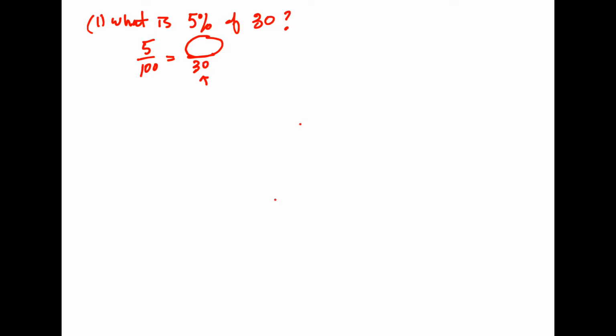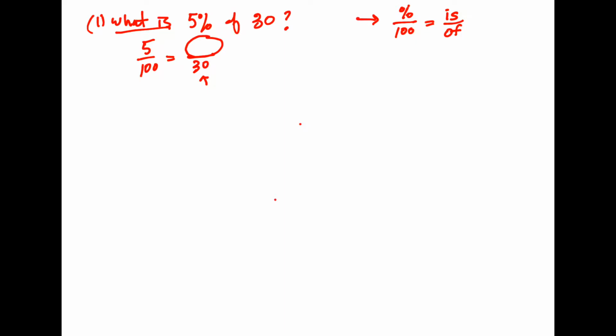So this is one way you can solve these. And this is called the proportion method, where we take percent out of 100 and set it equal to is over of. And the reason I put is over of is because this can help us figure out where these numbers belong. So what the question is, 5%.